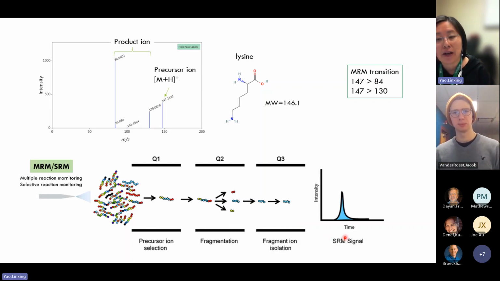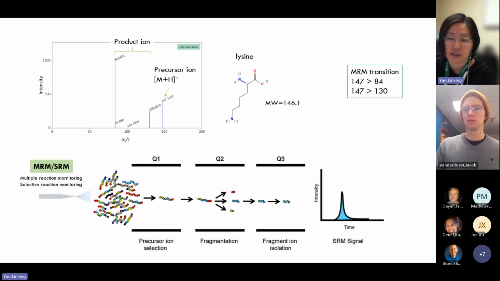So you see, only compounds that meet both criteria, the specific precursor ion and the specific product ion, are isolated within the mass spectrometer. By ignoring all other ions flowing into the mass spec, the experiment gains sensitivity and selectivity. The pair of precursor ion and product ion is called an MRM transition. So lysine has 2 transitions here.